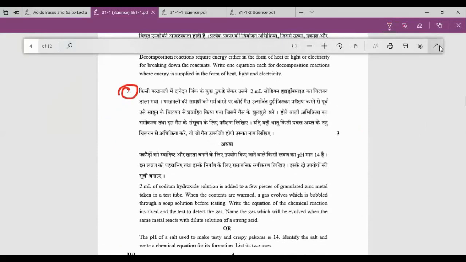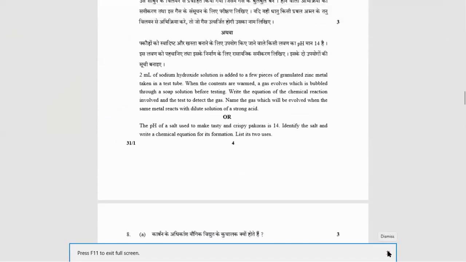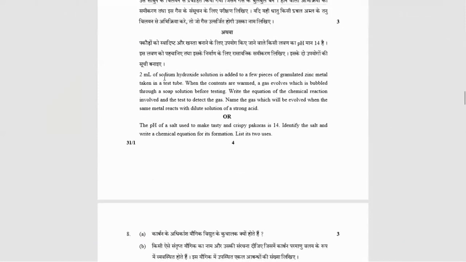You see this 7th question, what they asked. 2 ml of sodium hydroxide solution is added to few pieces of granulated zinc. So sodium hydroxide, NaOH, is added to few pieces of granulated zinc metal, Zn.